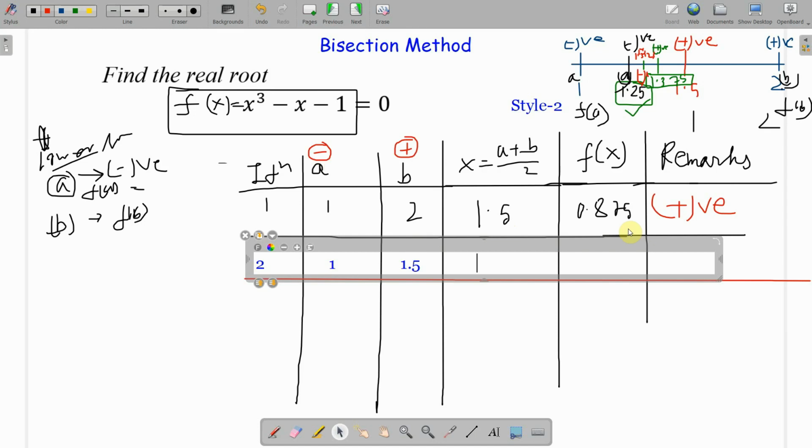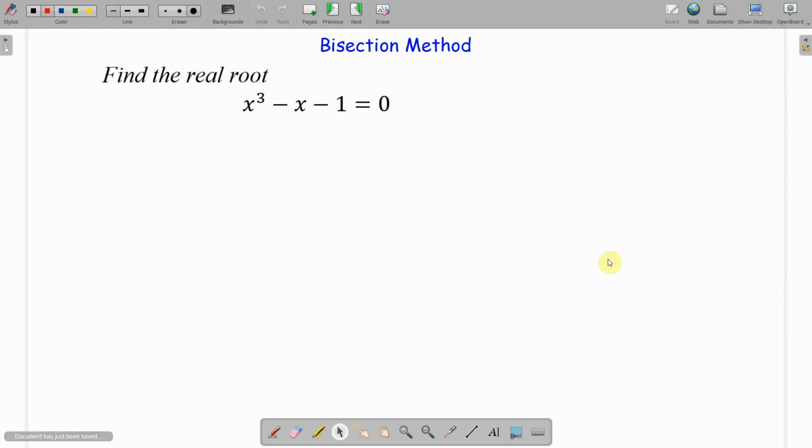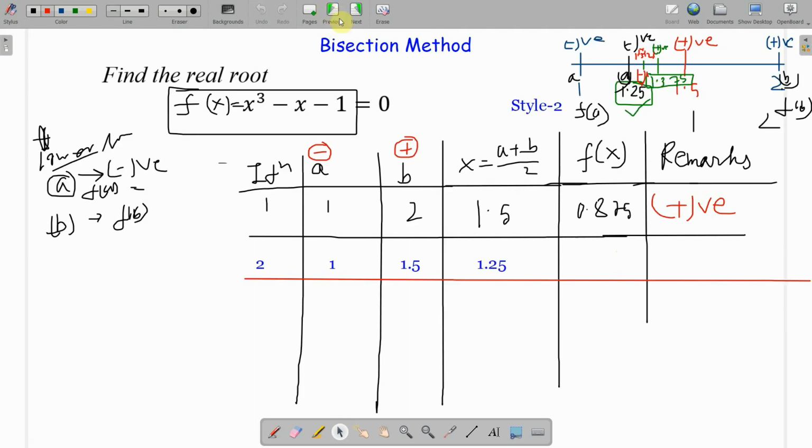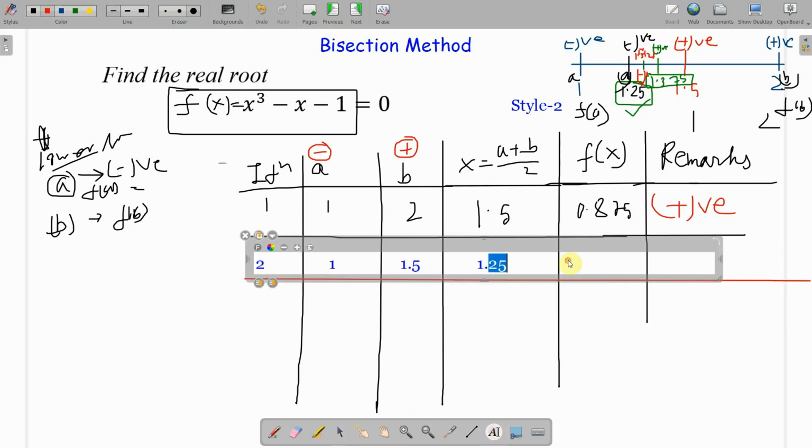Now the x value we got that time is 1.25. Okay, 1.25 was coming, right? And it was giving some negative value. Here you will be having some negative value, and finally I'll be writing it's a negative value.